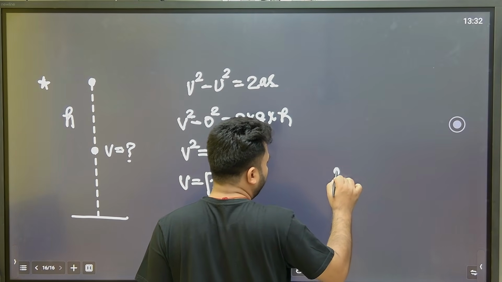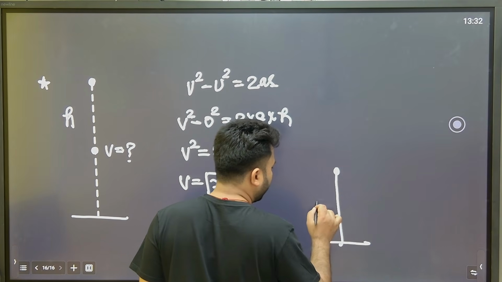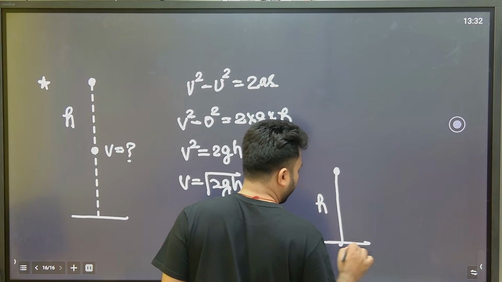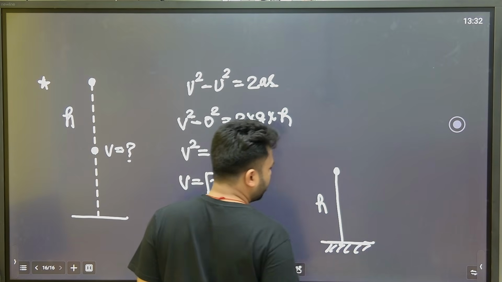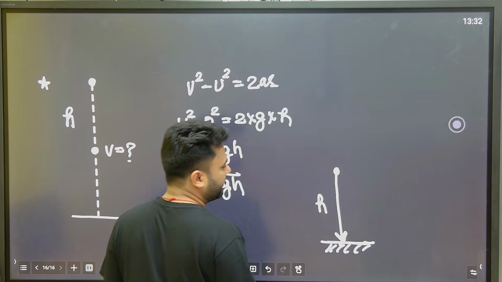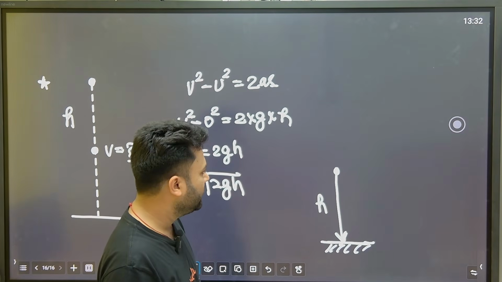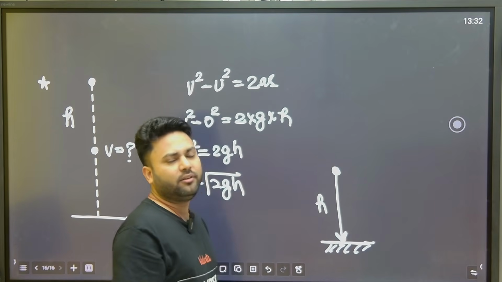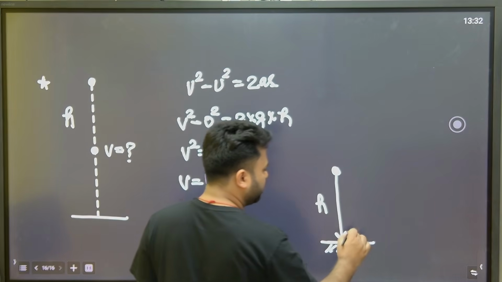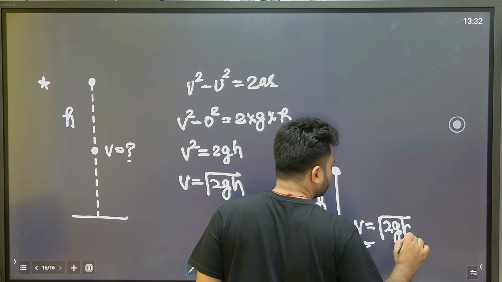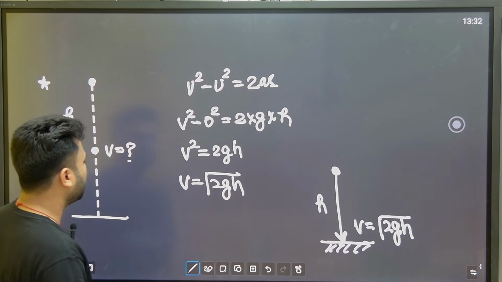If there is a ball and this height is h, if they ask with what speed the ball will hit, so from this level, how much distance has the ball gone? H. So what speed will you write? Under root 2gh. So this formula is also important.